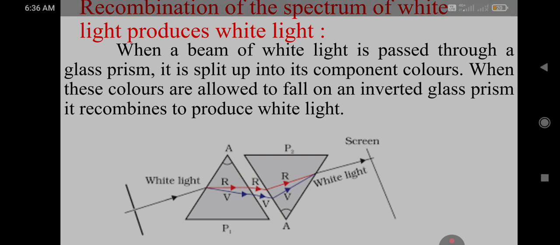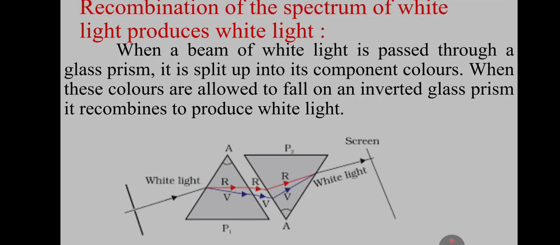That is, in this diagram, first we are seeing the white light is passed through the first prism, that is P1. Then it gives 7 colors.